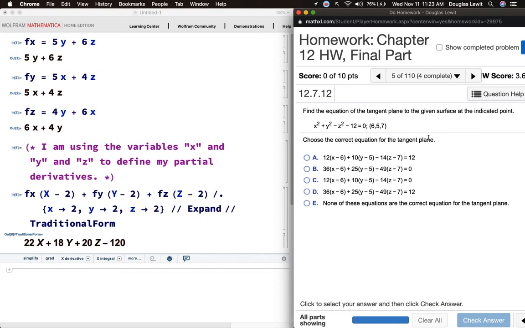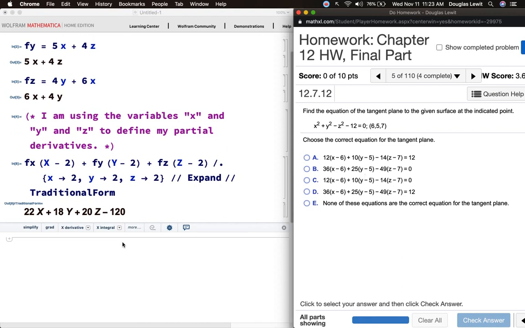Okay, this is similar. Let's see. Find the equation of the tangent plane to the given surface at the indicated point. Okay, so they're looking for an equation that's equal to 0, I believe. So let's see what we have.